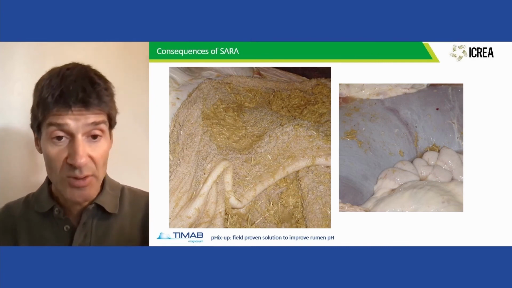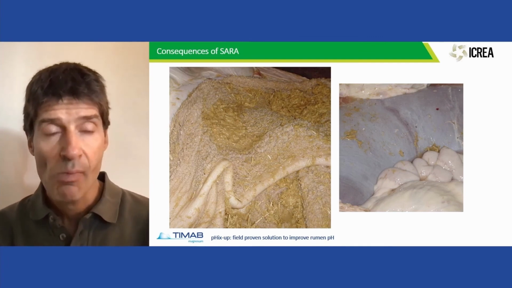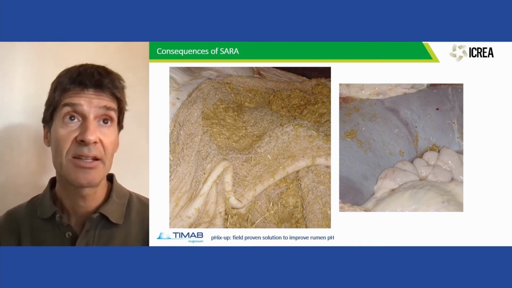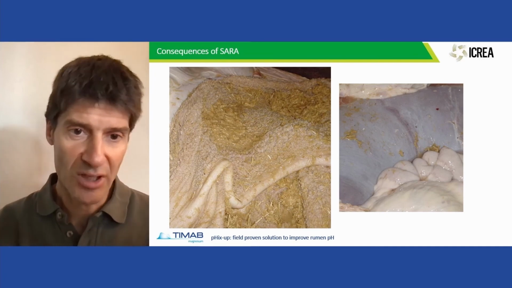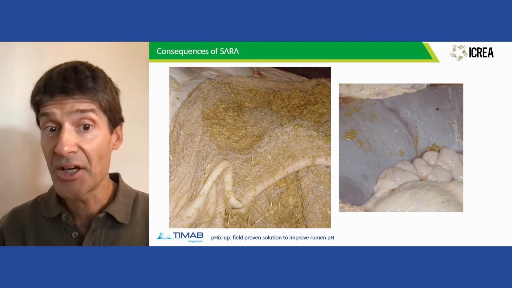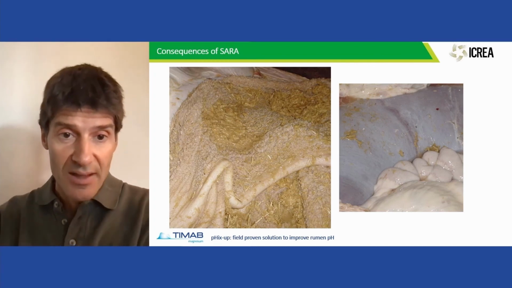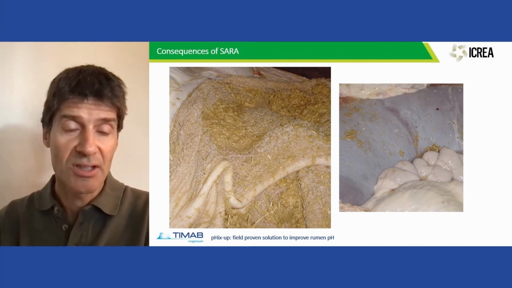They will then live in the liver, causing liver abscesses. Ultimately, that will compromise the physiology of the animal. We think that milk is produced in the udder, but actually milk is produced in the liver. When these bacteria colonize the liver and cause liver abscesses, we are minimizing the capacity of the animal to supply nutrients for the mammary gland to produce milk.